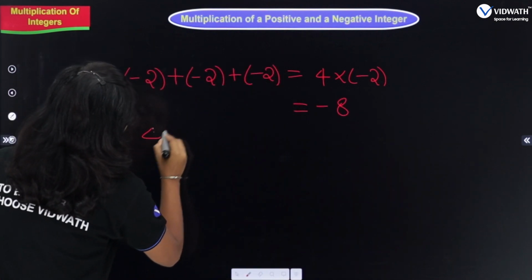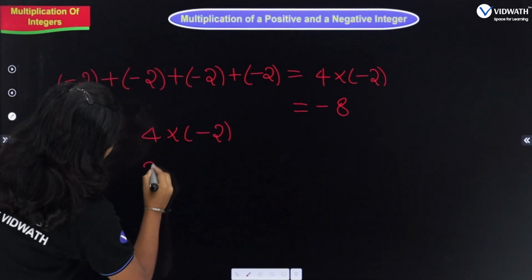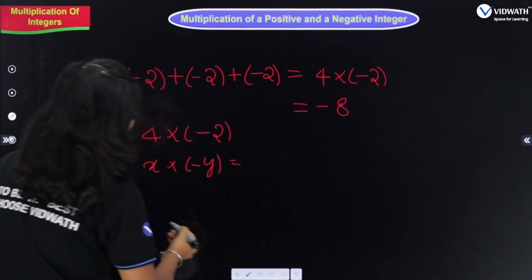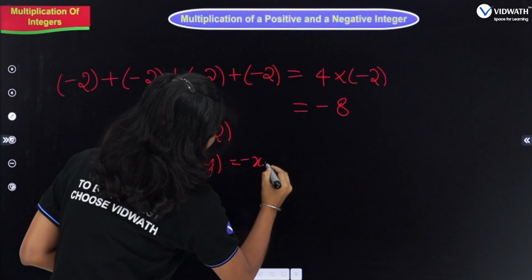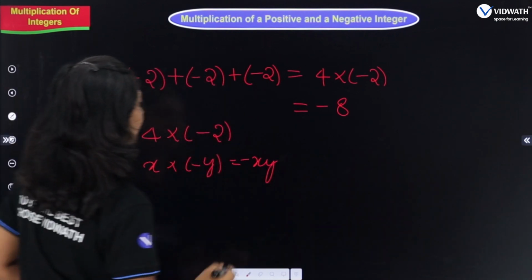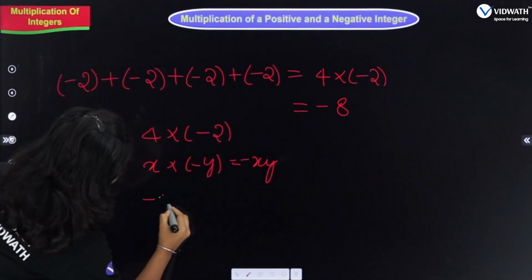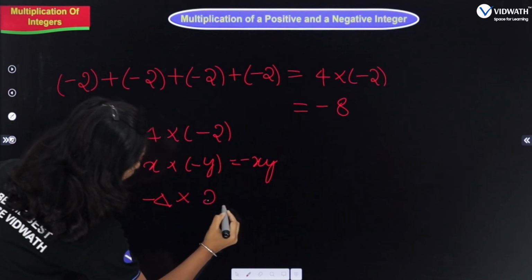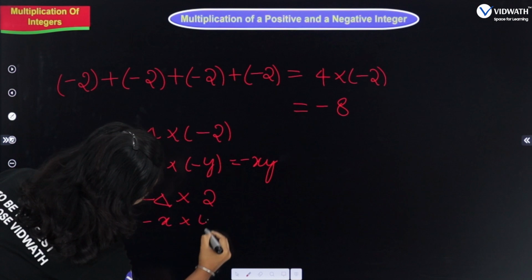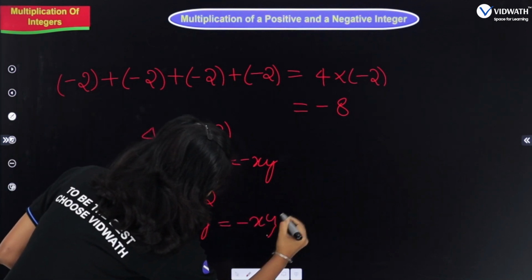So, 4 into minus 2, I'll assume 4 as x and minus 2 as minus y, which will give you minus x into y. That is, plus into minus will give you minus x into y. And if I take this as minus 4 into 2 and assume this as minus x and 2 as y, which will give you minus x into y.